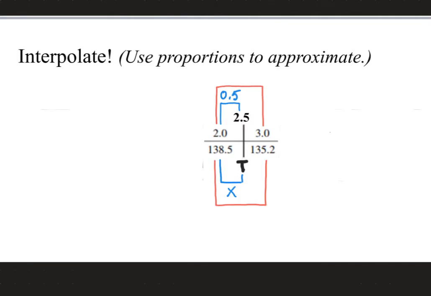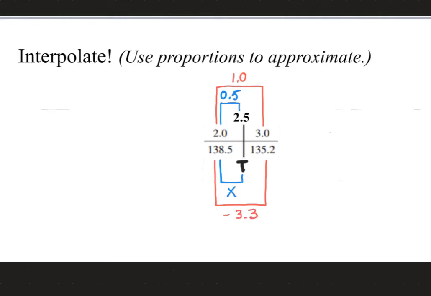Now we need to determine the differences between the values above and below our target. Here, for the time, the difference is 1.0, remembering those are minutes. And down here when we're talking about the temperature, it is actually not going up. Look, it's going down. It goes down 3.3 degrees.